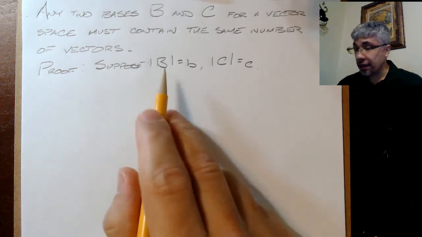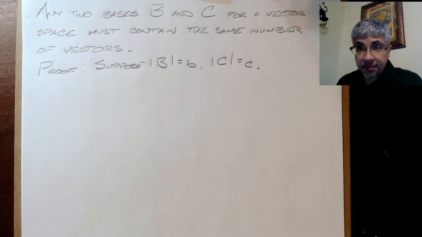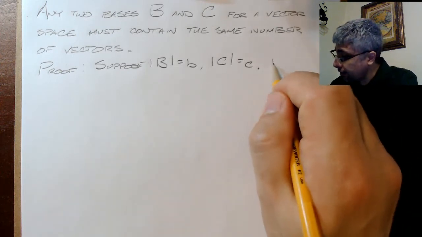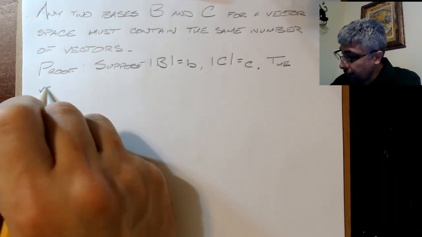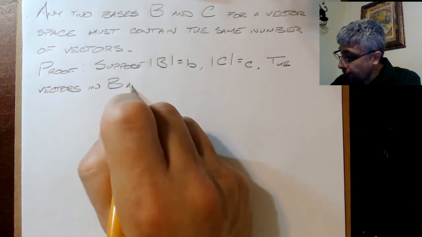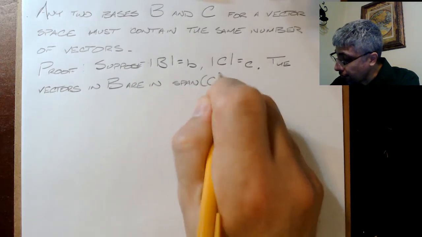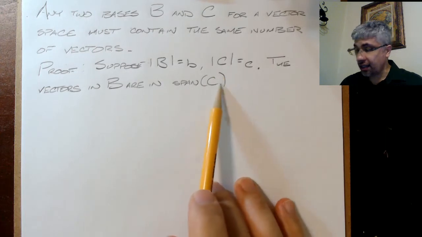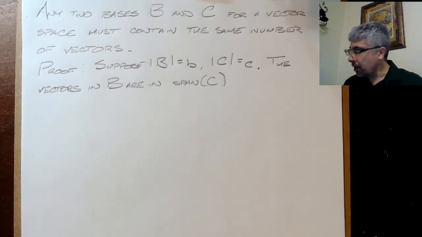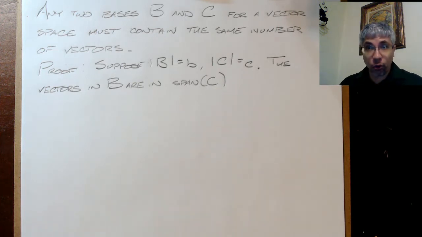Well, I know that all the vectors in B are in the span of the vectors in C. Remember, C is a collection of vectors. It's not a set. So there's some C1, C2, C3, but I'm writing it as C for the whole collection. So the vectors of B are in span C, and they're independent.